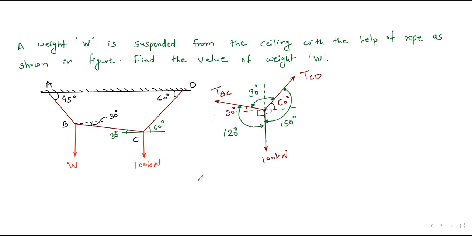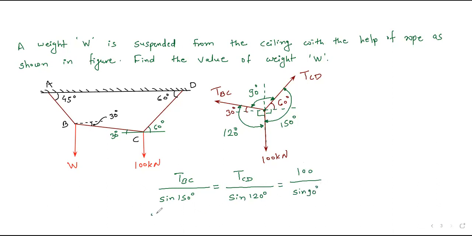Okay. Now if you use Lami's theorem, you will get the answer. So I can write here TBC, tension in string BC, divided by sine of 150 degree, equal to tension in string CD, TCD, divided by sine of 120 degree, which is equal to 100 divided by sine of 90 degree.